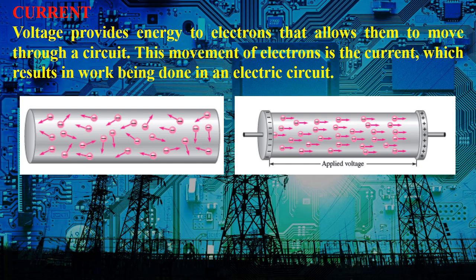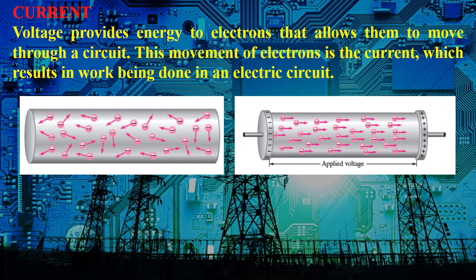When a force is applied to move an object or particle over a distance, then work is done. So that work, from the electrical perspective, is the work done to move the electrons. Okay, work done by the voltage. So that's how we understand electricity.